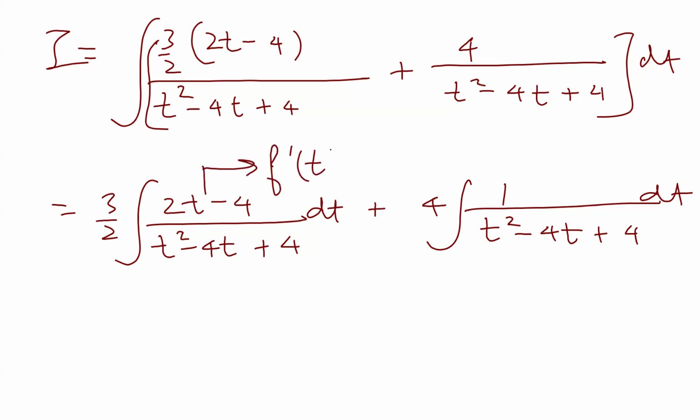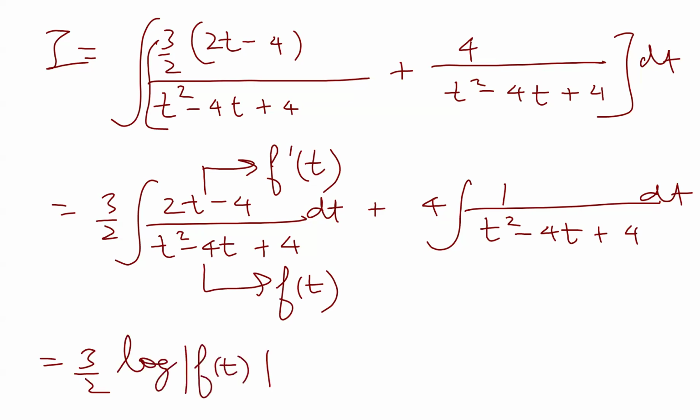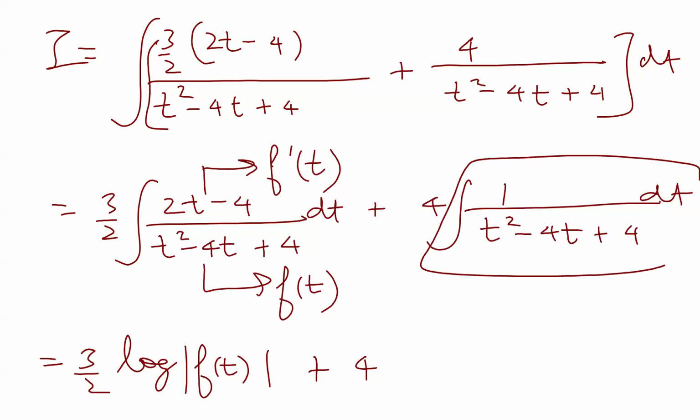So this is f dash t upon f of t. F dash t upon f of t is log modulus f of t, plus 4 into 1 upon, you can take this I1 and solve. Okay, so better I'll take this I1 to avoid confusion. Only this part, don't take 4 along with it, is I1 and this is I. In the next step, I'll just put the value of f of t.